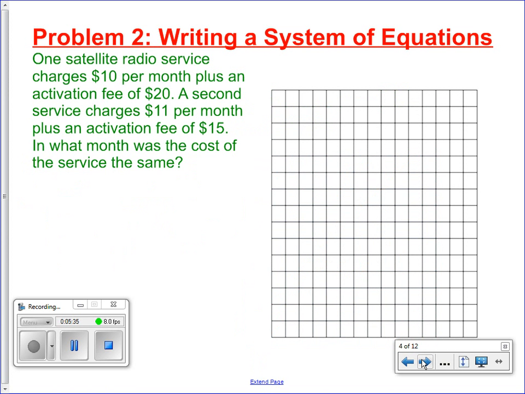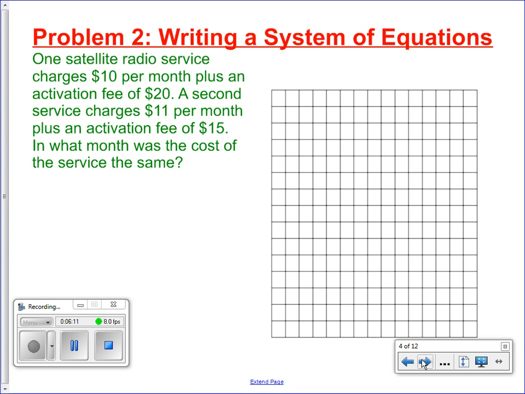All right, problem 2, writing a system of equations. One satellite radio service charges $10 per month plus an activation fee of $20. A second service charges $11 per month plus an activation fee of $15. In what month was the cost of the service the same? All right, so the first thing that we have to do in a word problem is identify our two variables and define them.